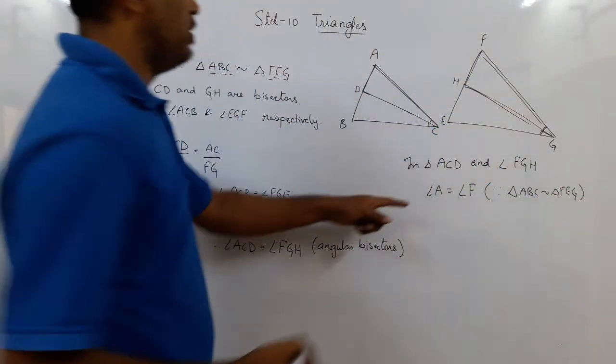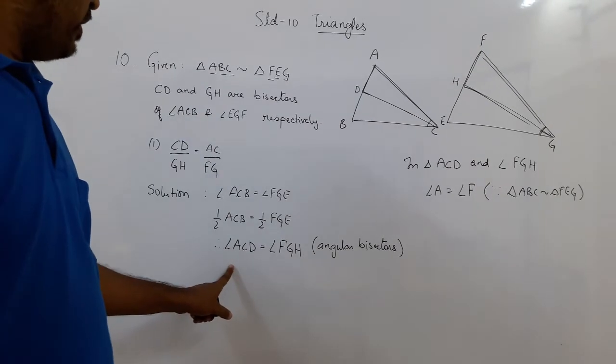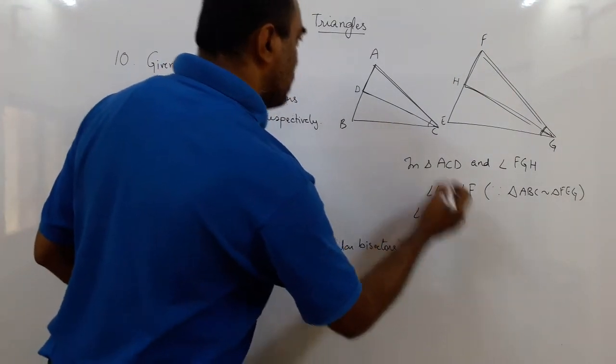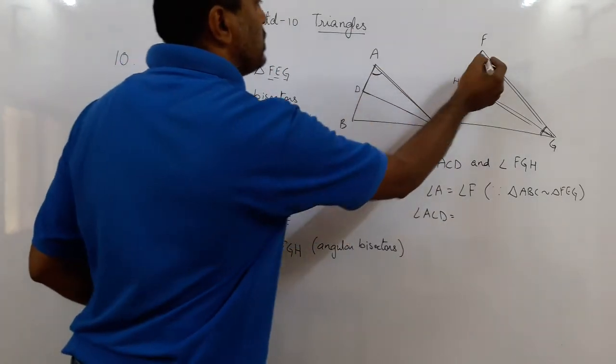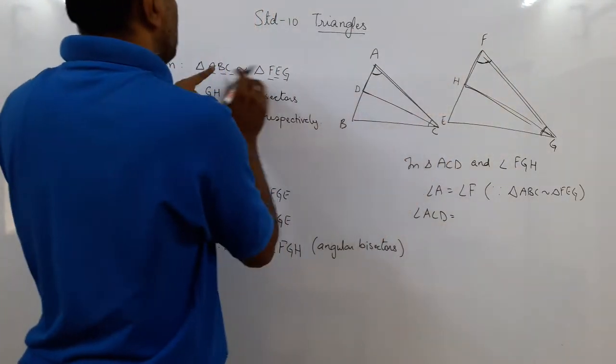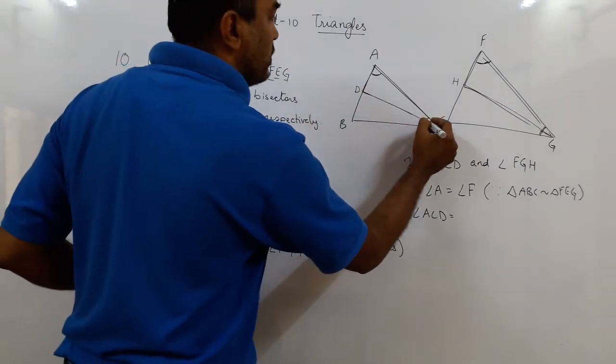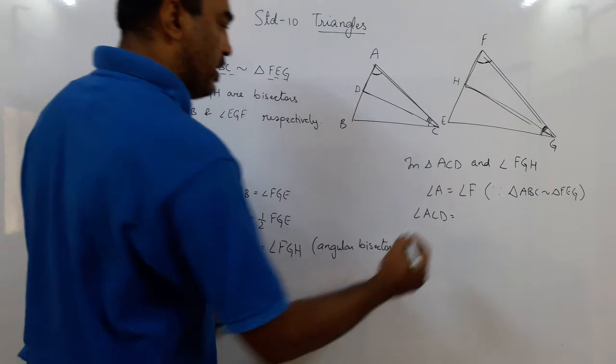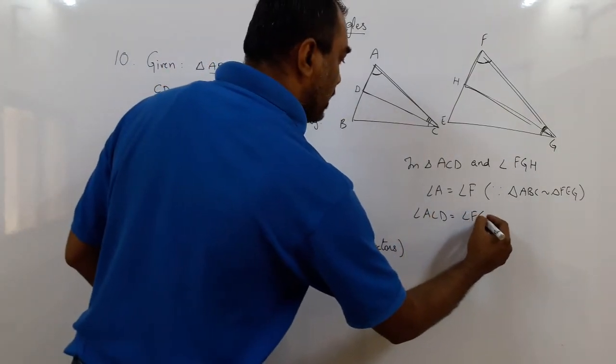Because they are similar, these two angles are equal. And this angle equal to this angle we just proved here: angle ACD equal to angle FGH.